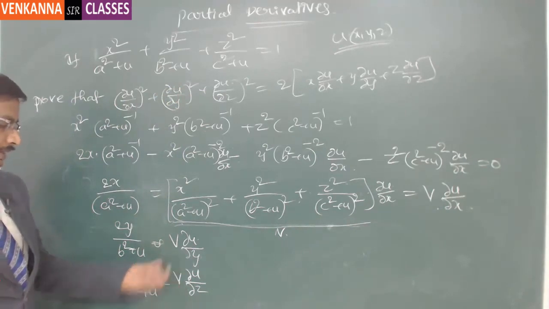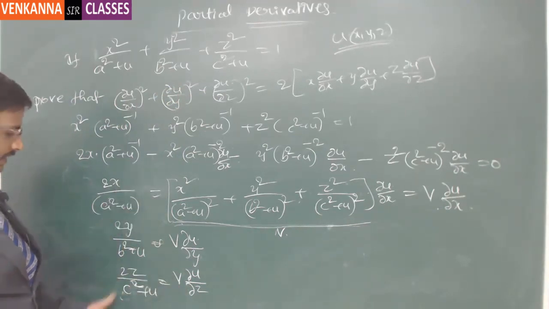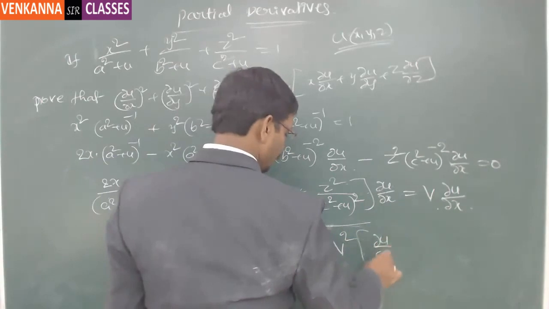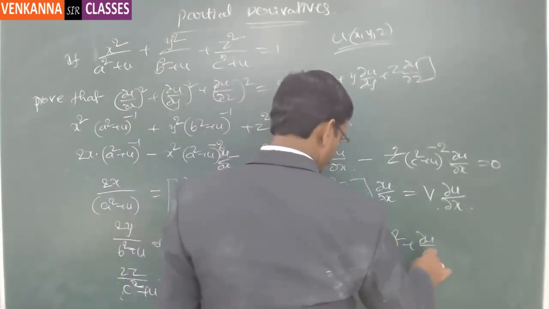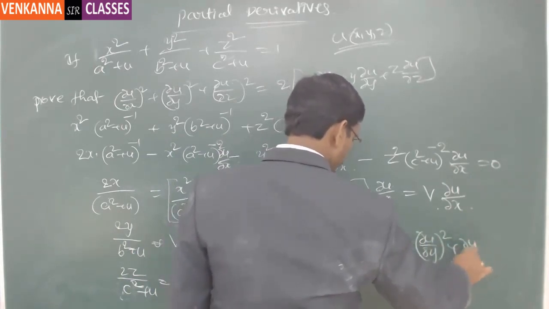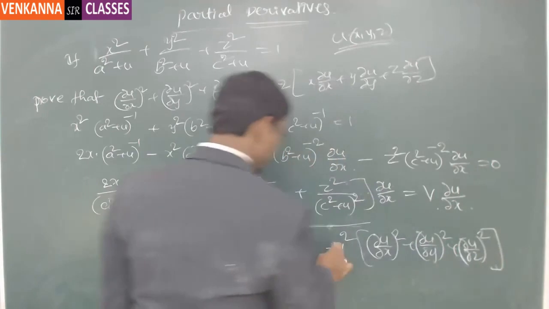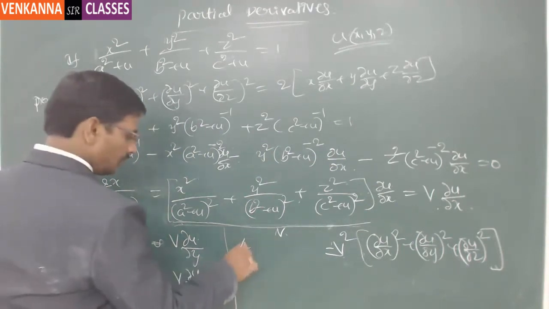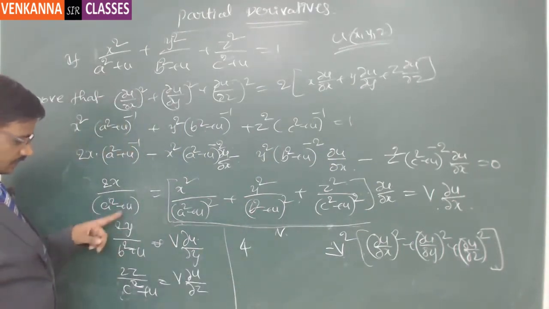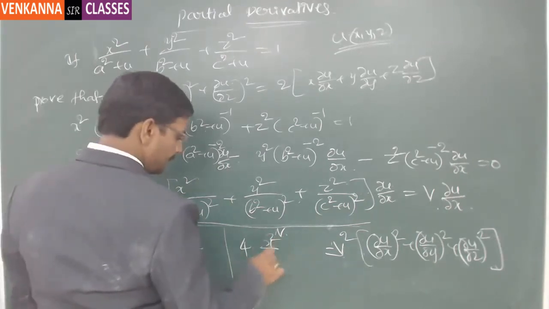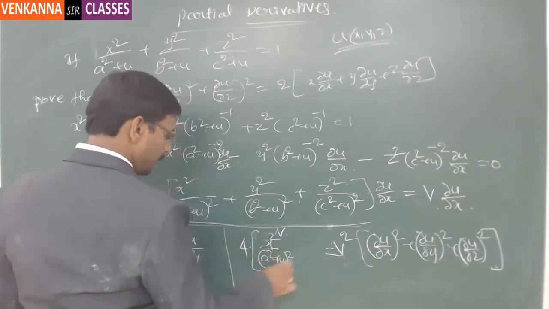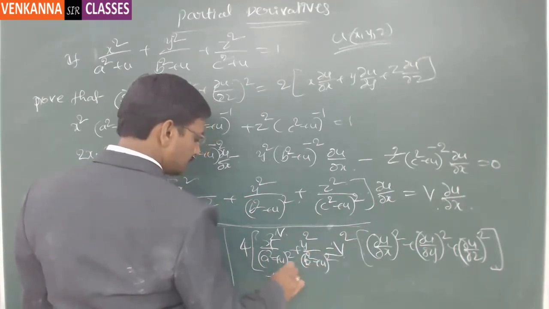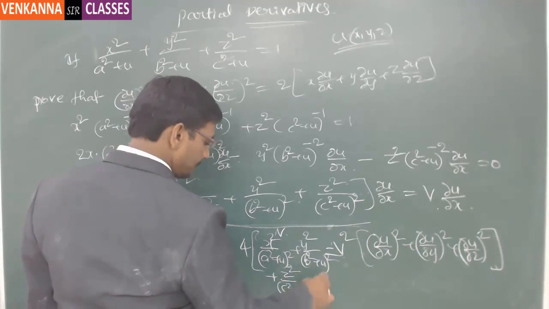Now, if you want to prove that, then you square all the things and add them. Then the right side will become v² into [(∂u/∂x)² plus (∂u/∂y)² plus (∂u/∂z)²]. On the left side, this will be squared, so this will be 4 times x²/(a²+u)² plus y²/(b²+u)² plus z²/(c²+u)².